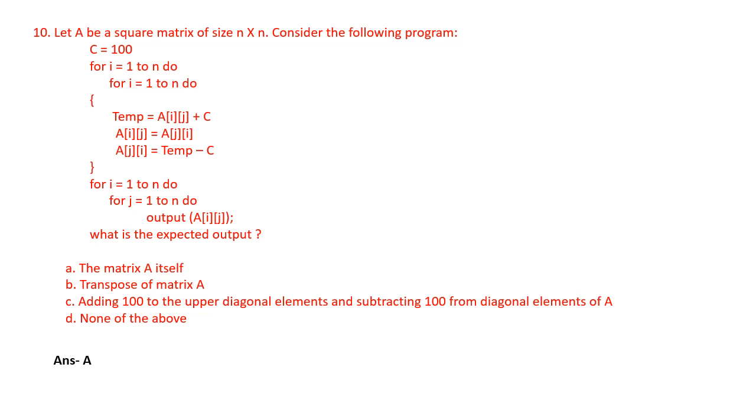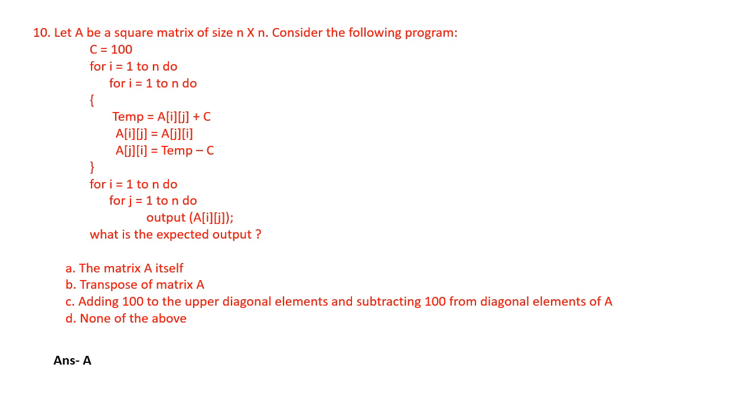In the second for loop, temp equals a[i][j] plus c. Then in the third instruction, a[j][i] equals temp minus c. If you put the expression in the temp value, a[i][j] plus c minus c, it will cancel the c. So it is not going to increase or decrease by 100. The value remains the same. So option C is discarded here.